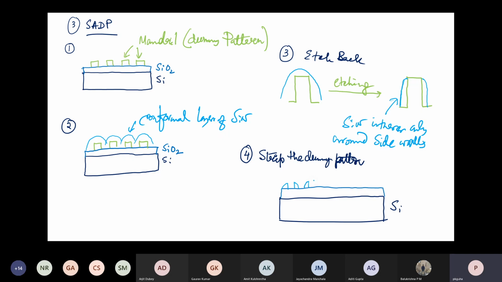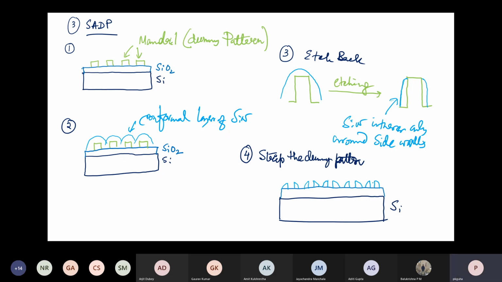I have removed my mandrel. Mandrel was initially here.